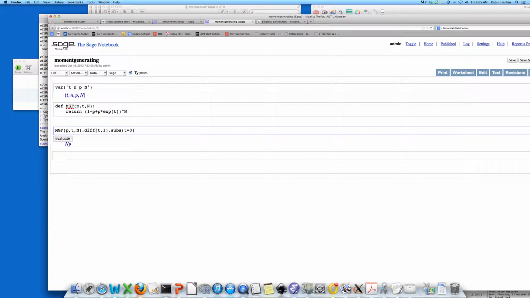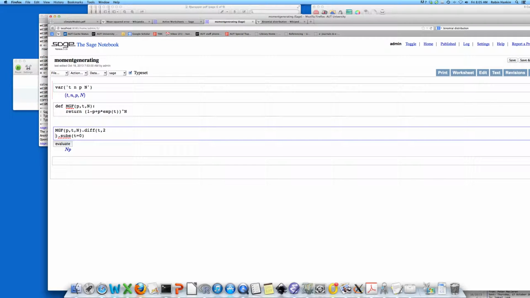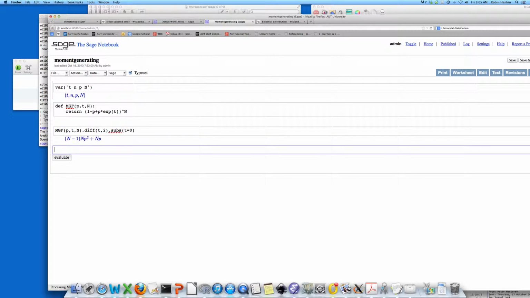But I can be a bit cleverer than that. Watch. I can differentiate it twice and then substitute 0. There we go. How about that? I can even be a bit cleverer than that. I can say the expectation of x to the power little n, and define a function for that.